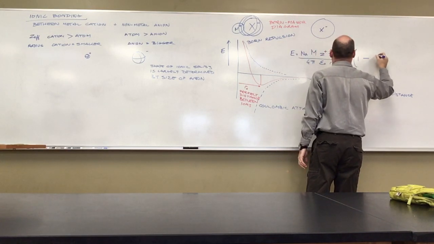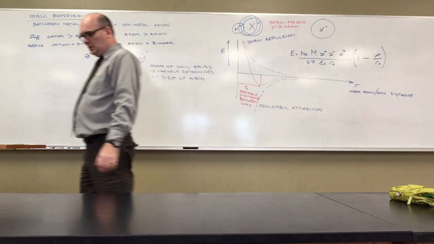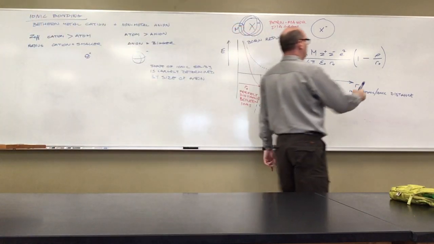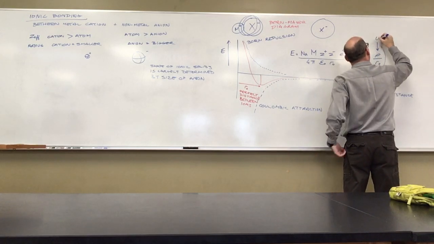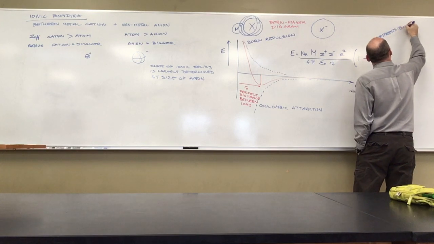1 minus rho over R0. And the rho is compressibility. So we know what R0 is. It's right here. This is compressibility.